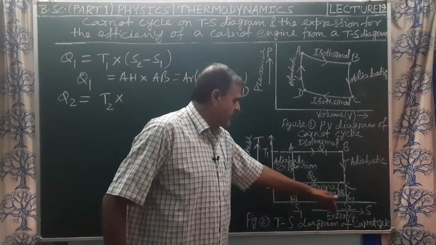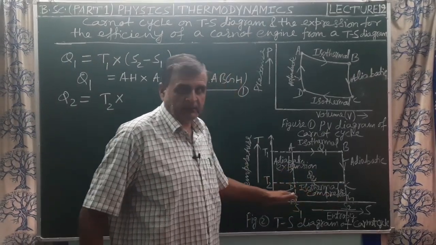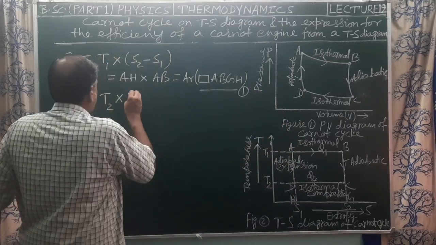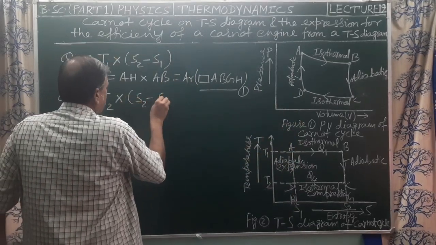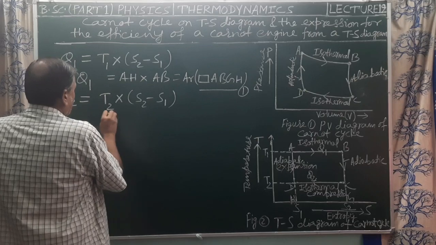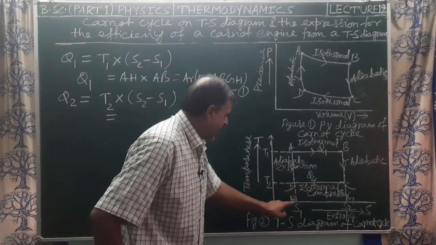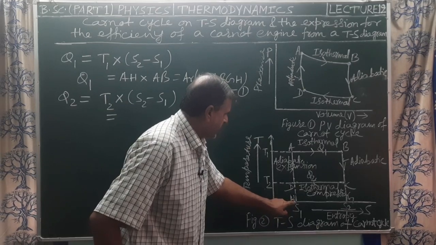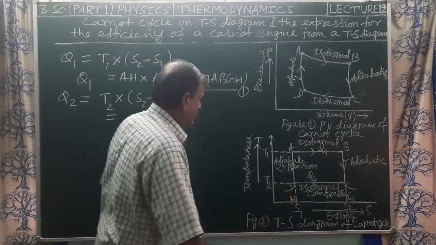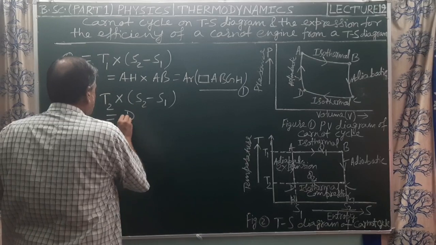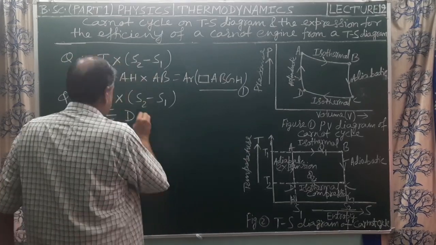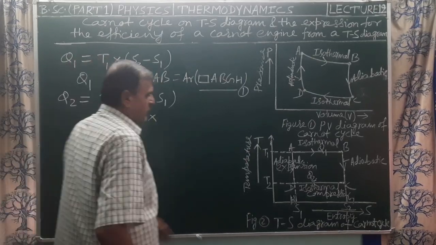CD is represented by S2 minus S1; there is a decrease in entropy. Corresponding to T2, we have DH multiplied by S2 minus S1.